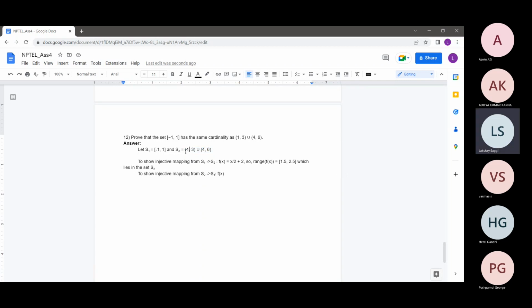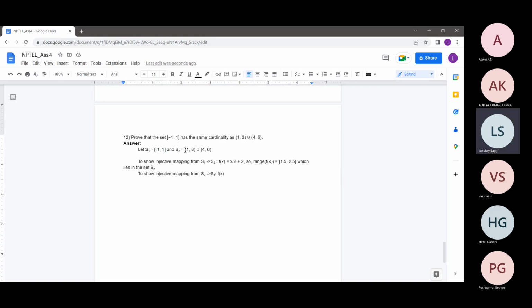So we need to map this set S2 to S1. We need to find a linear function which, when it takes every element from set S2, gives a value between -1 and 1, right?